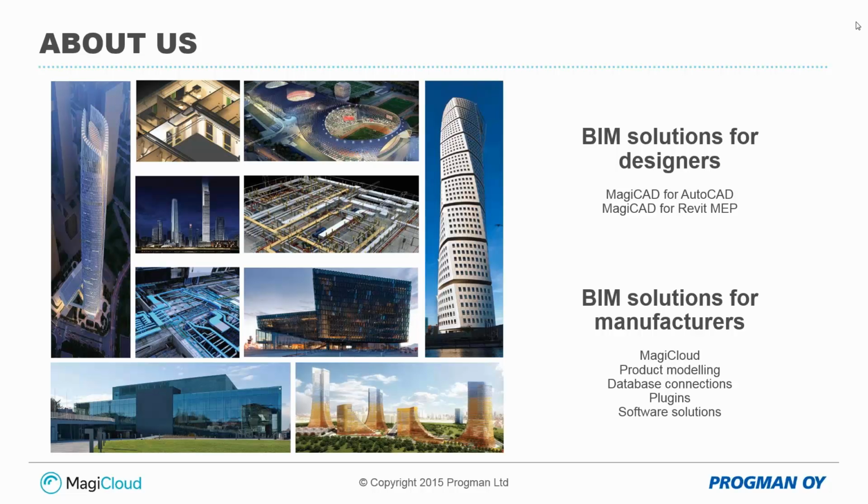Today, the presentation is about MagiCloud, but we offer, in fact, a broader range of services. So we create product databases, and we do the modeling. We can integrate your own internal databases into ours thanks to database connections. And we also develop different types of software, so plugins and software solutions.